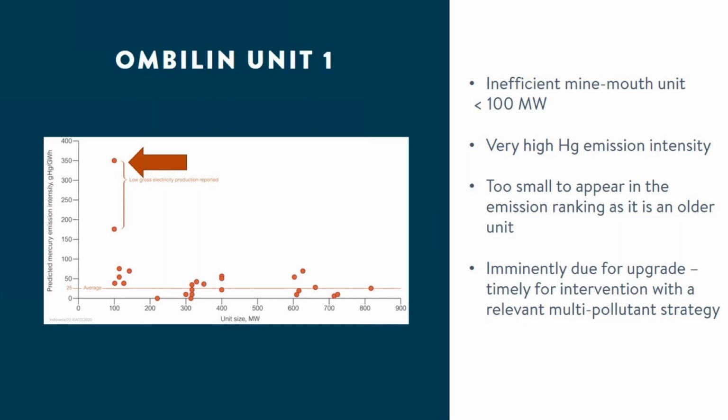It is significant, with very high mercury emission intensity, but because of its size we didn't have enough granularity to show it in the ranking. But it's an older unit. It's due for upgrade. So if a decision is made to proceed with this unit, we believe we are in a sweet spot for implementation of a multi-pollutant strategy. Next, please.